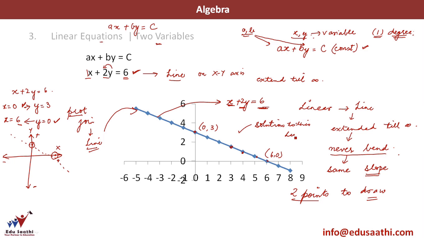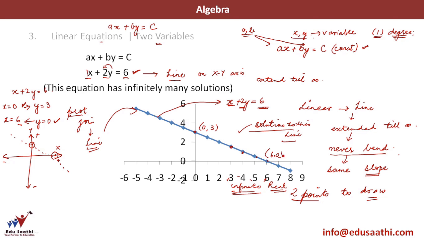So if you look at it from infinity to infinity, there will be infinite number of points satisfying this equation, and therefore there are infinite real solutions that you have for this line. For a single line, there are infinite solutions that you have. This equation has infinitely many solutions.